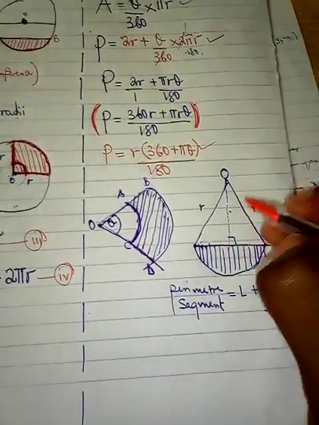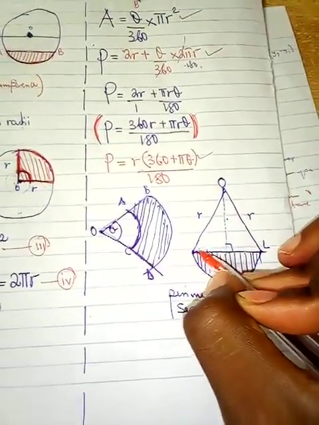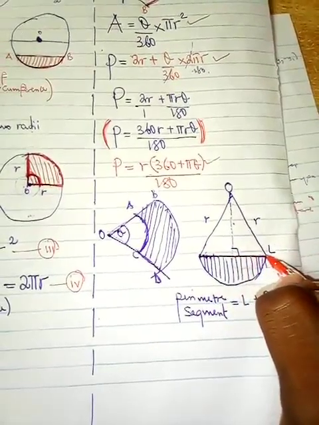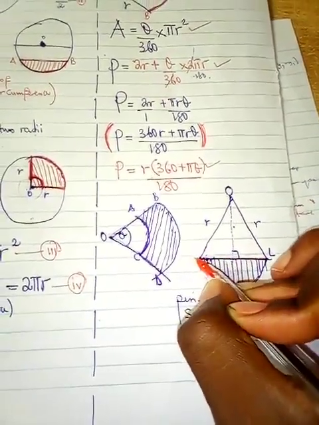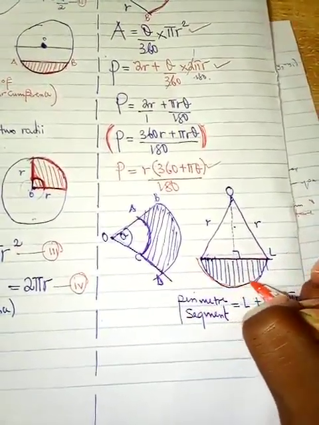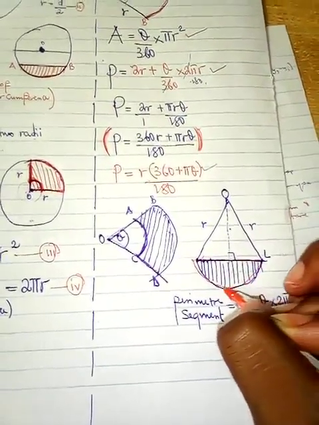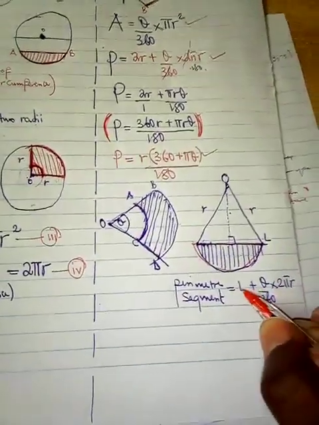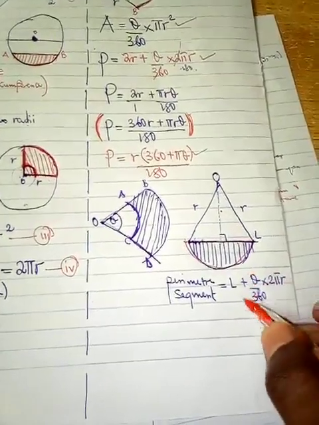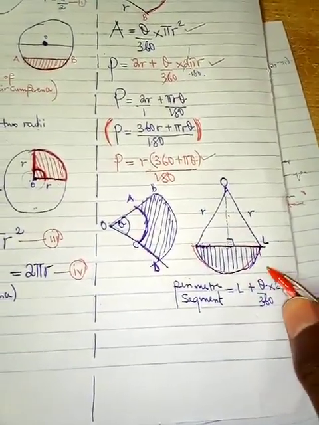Because remember, this segment is being made up of this chord and this arc, which is here. The length of the chord plus the arc length.